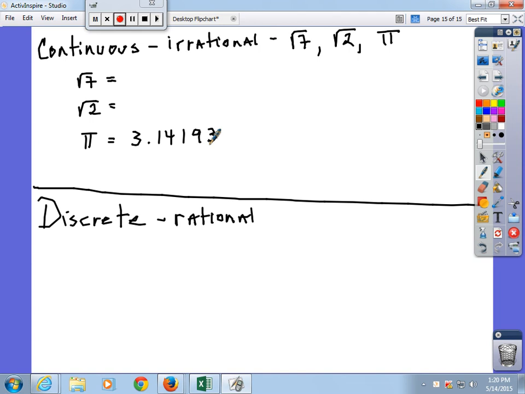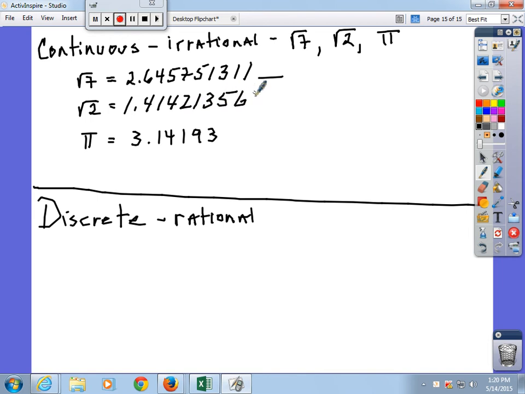What's the square root of 7? Go slow. 2.64575131. Okay, somebody take the square root of 2. Give that to me. 1.41421356. And what is pi?